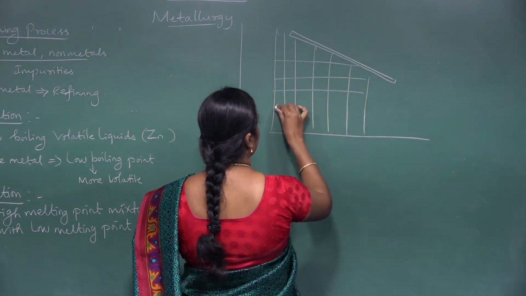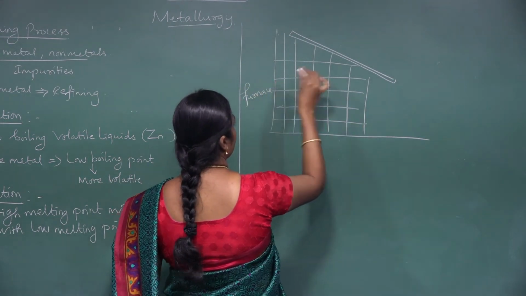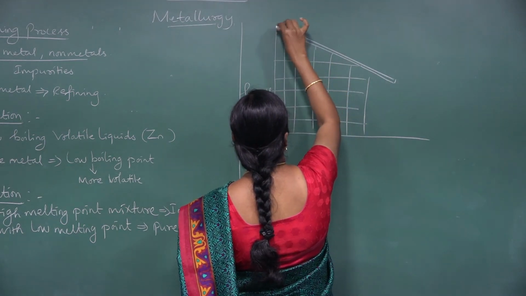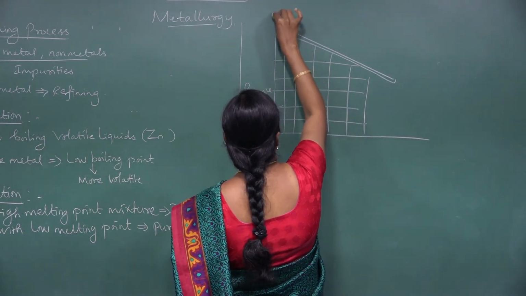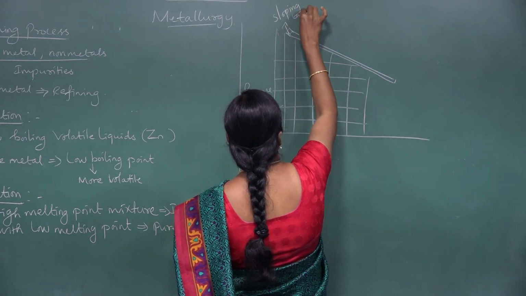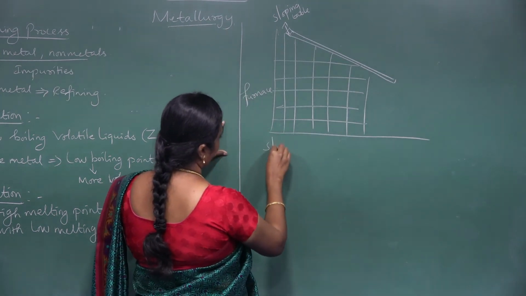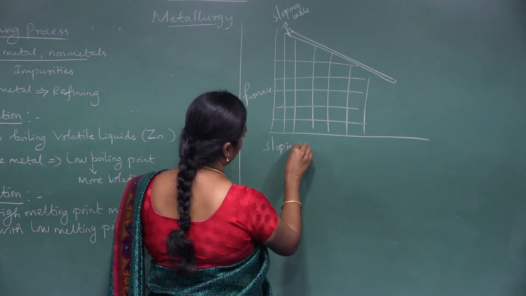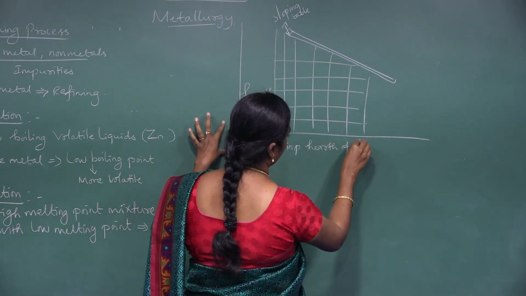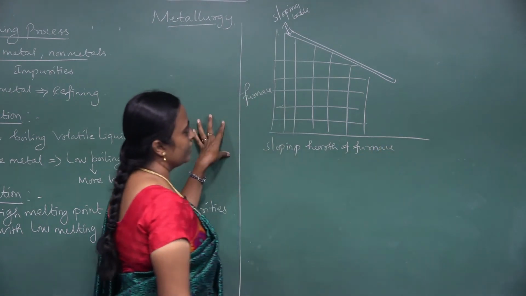This is the furnace and this is your sloping table. Under that we are taking a sloping hearth of the furnace, which you can consider as a reverberatory furnace.